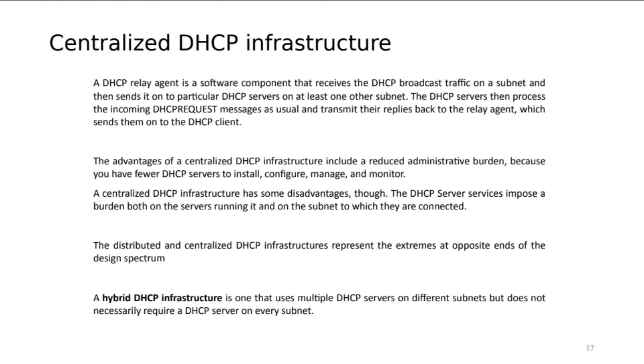Now, what is the advantage of centralized DHCP infrastructure? Reduced administration work, because you only have one DHCP server to configure. Reduced budget, it will need fewer servers, of course. But what is the disadvantage?